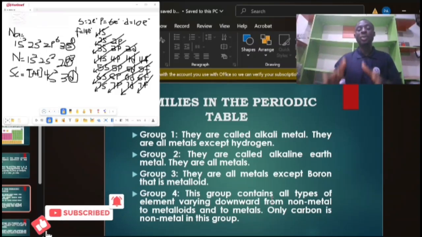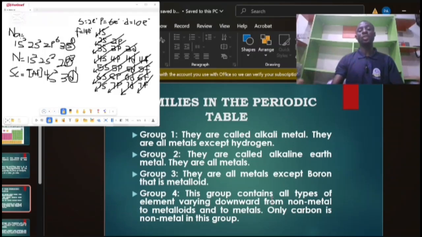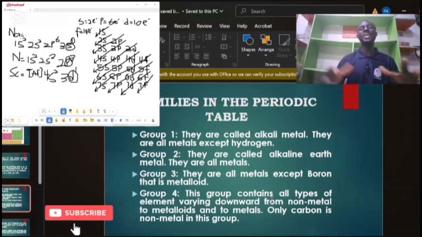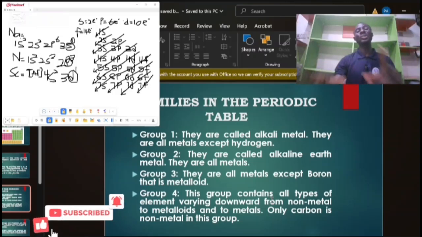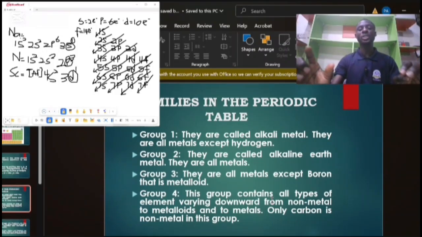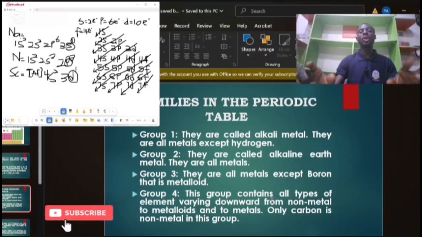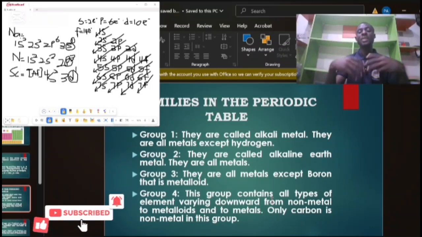So hydrogen has 1 electron, so the valence electron is also 1. That's why it's placed in group 1, not because it's a metal. So all group 1 elements are metals except hydrogen, and they are called alkali metals because if we dissolve them in water, they form alkalis.